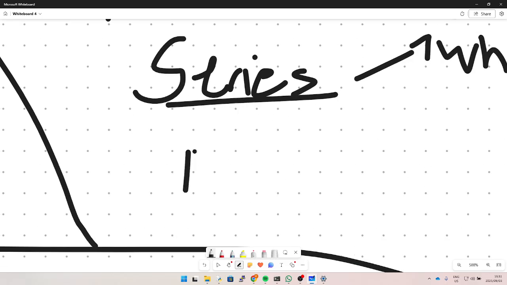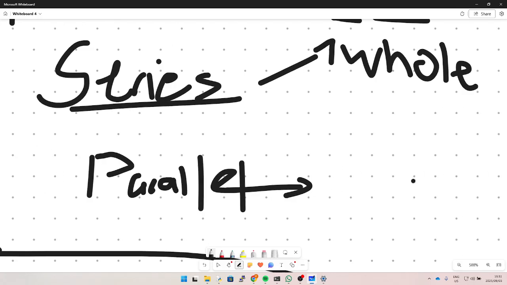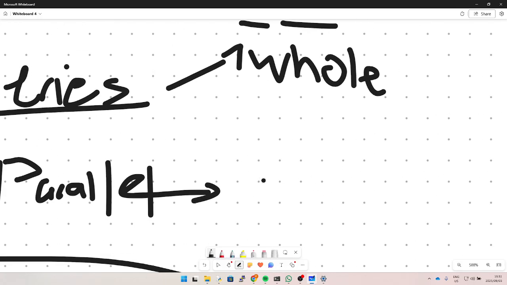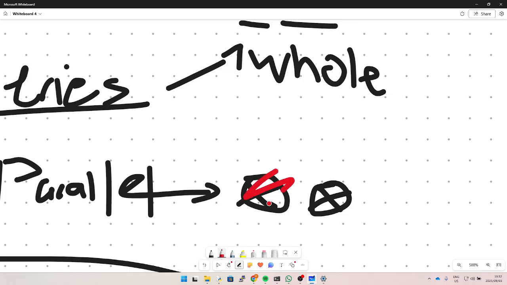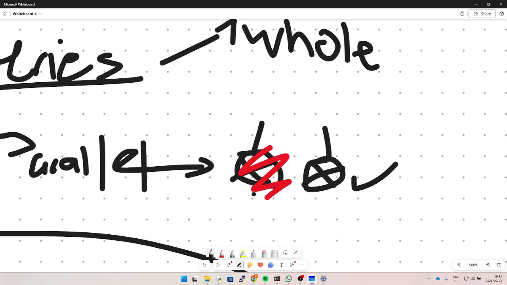That's why we wire things in parallel instead. Parallel gives us the advantage that if I have two light bulbs and one is gone, the other one will still work, because the electricity flow is not disrupted.